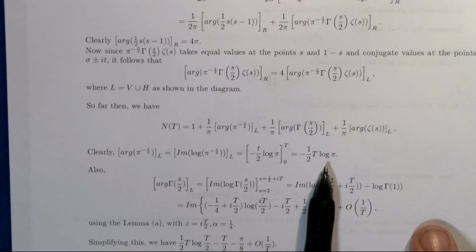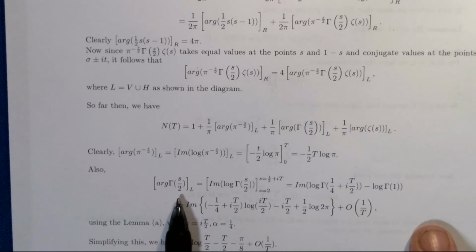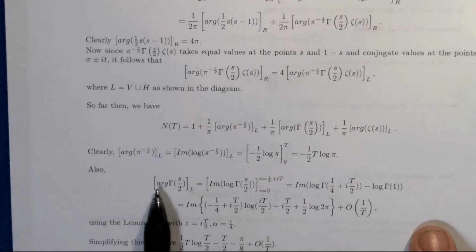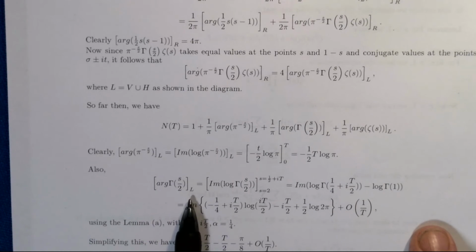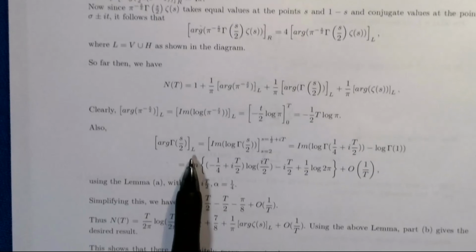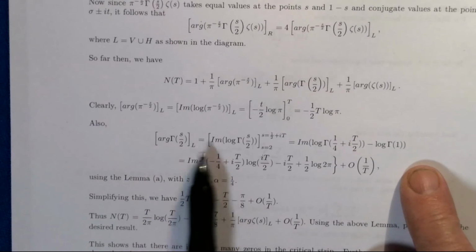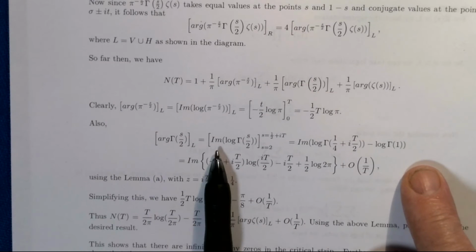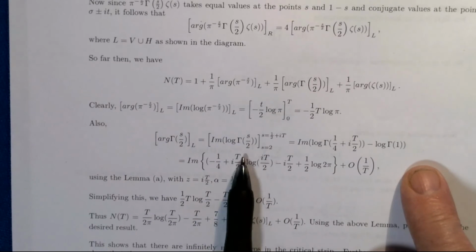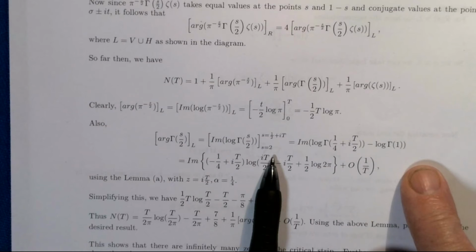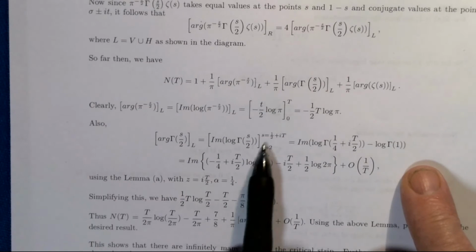Now for the second term, we've got the change in argument of gamma of s on 2 around L, and again this is equal to the imaginary part of the log of gamma of s on 2, where s goes from 2 up to a half plus it.